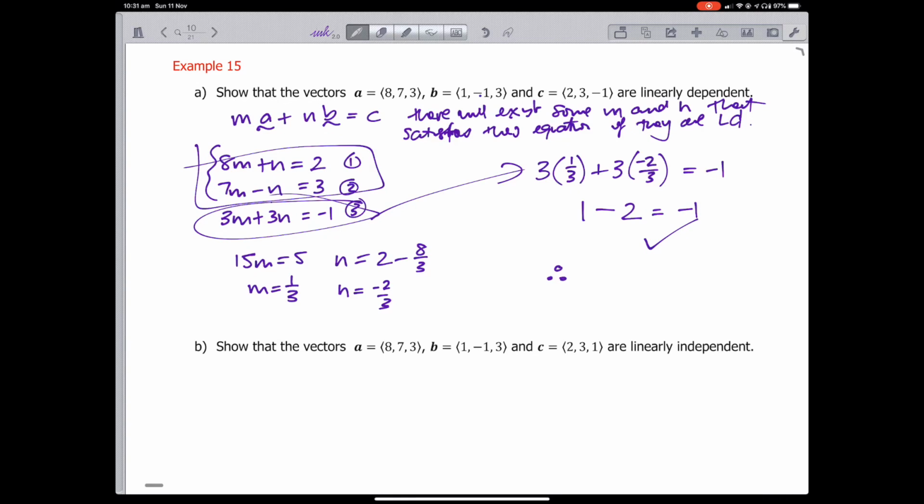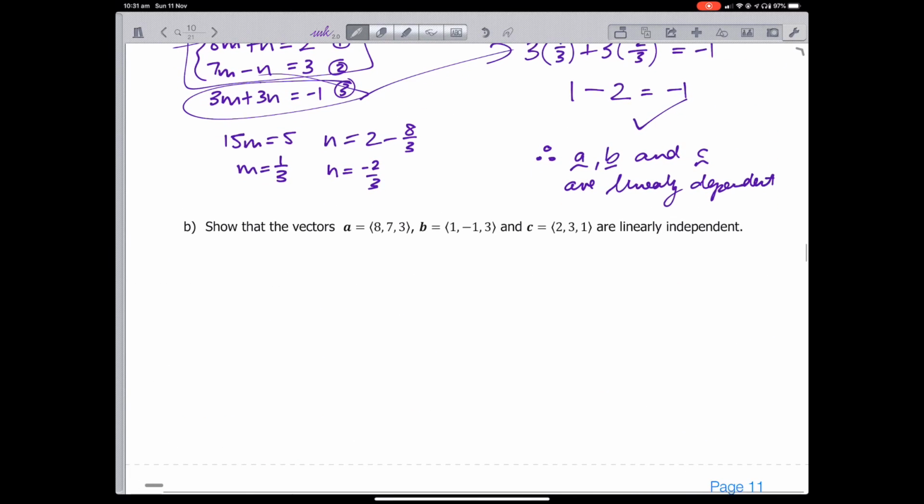Therefore, A, B, and C are linearly dependent because there was some value m and n that satisfied the equation ma plus nb is equal to c.